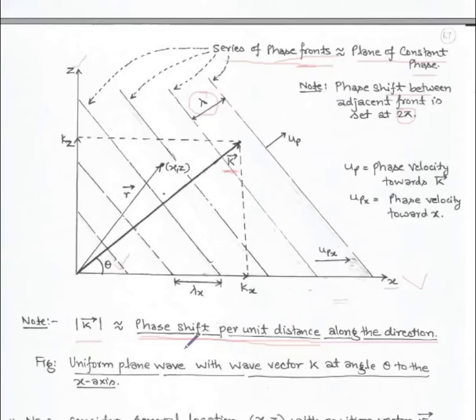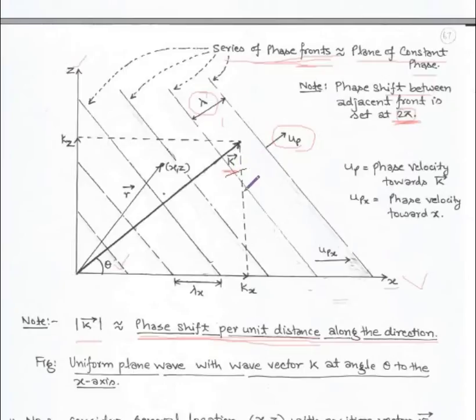And the phase shift per unit distance is 2 pi, because we know that beta is equal to 2 pi upon lambda. When we put lambda equal to 1, that is the unit distance, we get a phase shift that is 2 pi. So here we consider a series of phase fronts which have a phase velocity u suffix p towards k vector.